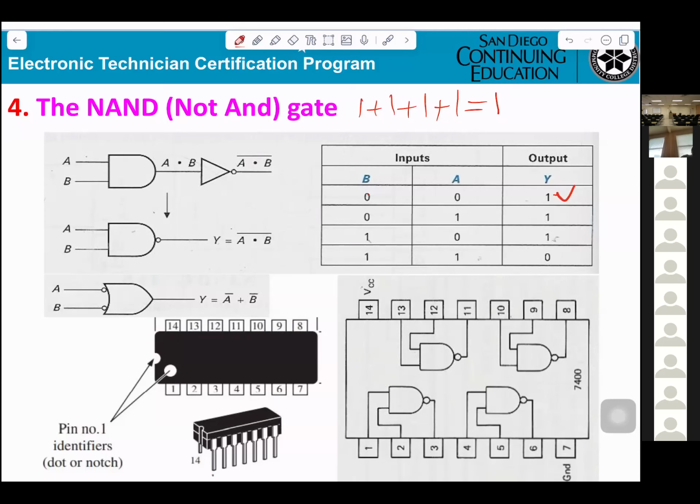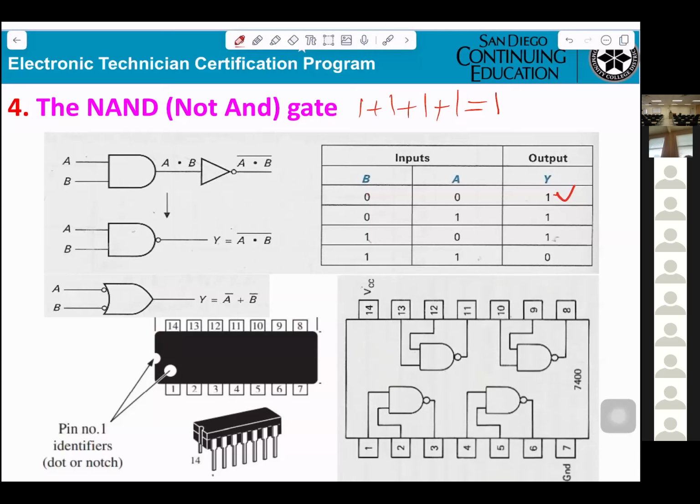In the lab system, you get only 2 power: 1 power for 5 volt and 1 for the ground, and nothing else. 5 volts is logic 1, and on this particular IC, it's always pin 14, connected to 5 volt.